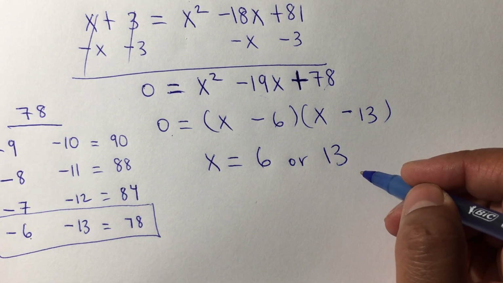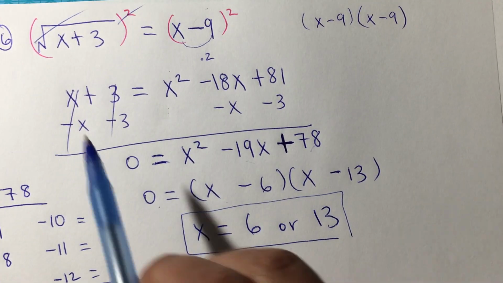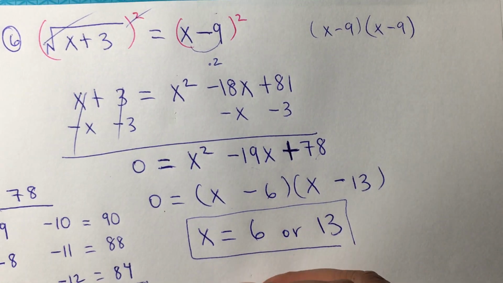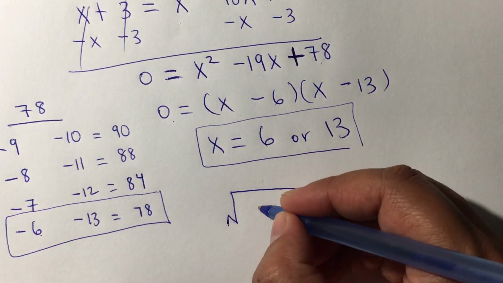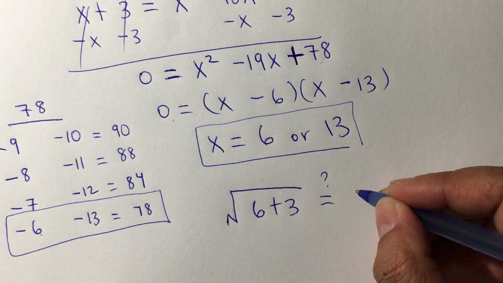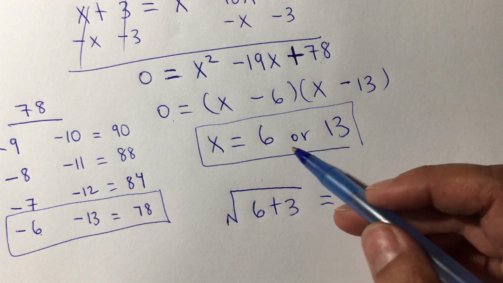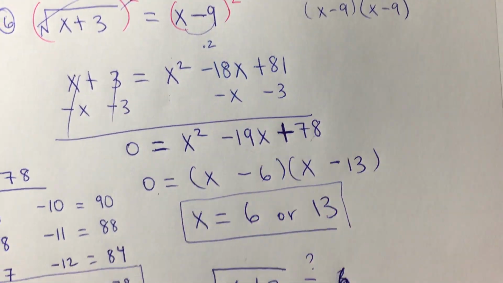Now, these are solutions, but are they true solutions? Let's check. So we are going to substitute into x plus 3, substituting with 6 first. So is 6 plus 3 equal to 6 minus 9?